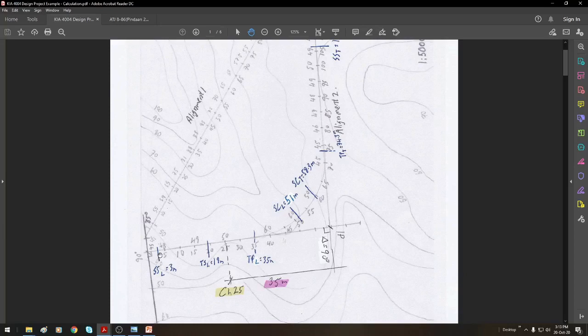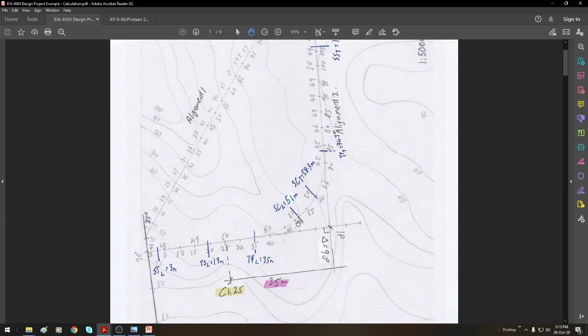From this point, the super elevation will start to develop until it reaches the point of SC, where the maximum super elevation starts.